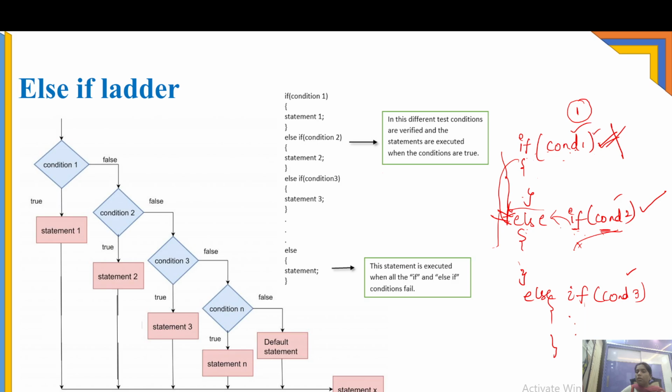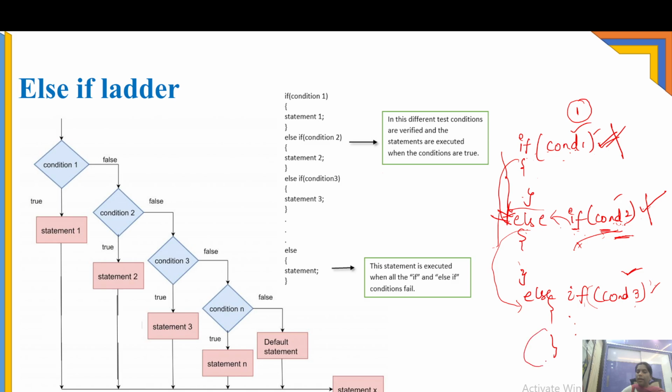So if condition 1 is false and condition 2 is true, it will stop here. And if condition 2 is also false, then it will come to the else part and check condition 3. If condition 3 is true, then it will stop here.